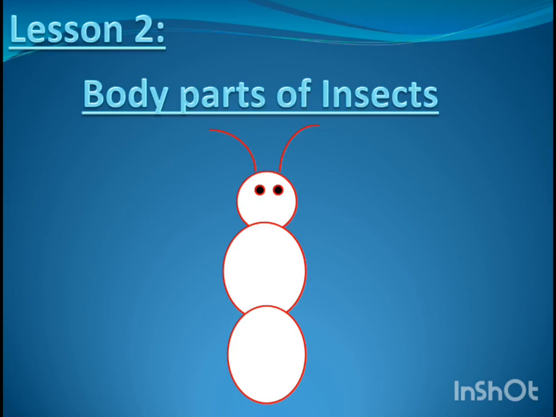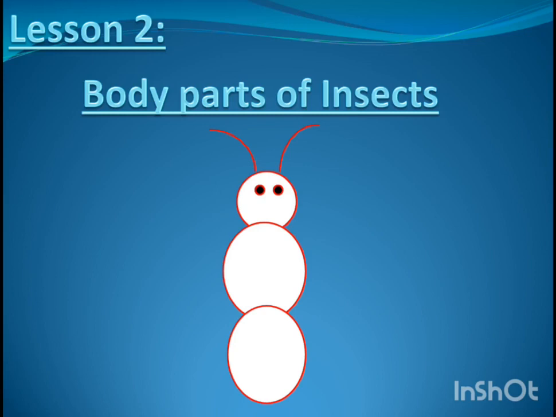And coming to antenna, antenna helps them to smell, to feel and to detect the sound, what is surrounding, like how we use our ears and our skin. In the same way the insects use the feeling and smelling through their antenna.